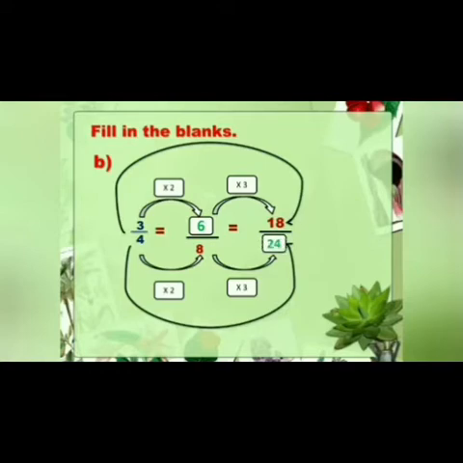Yes, see here children, for the first one we have to multiply it by 2, then for the next we have to multiply it by 3. In common we have to write it as 2 3s are 6. Commonly 3 by 4 is multiplied by 6, means we get 18 by 24. Yes, is it clear children?